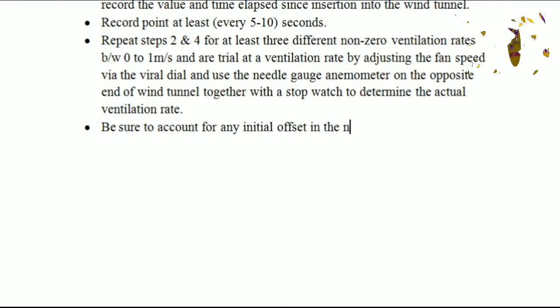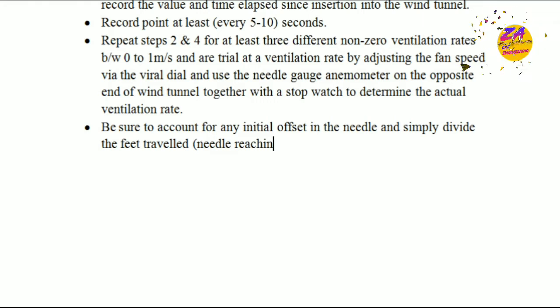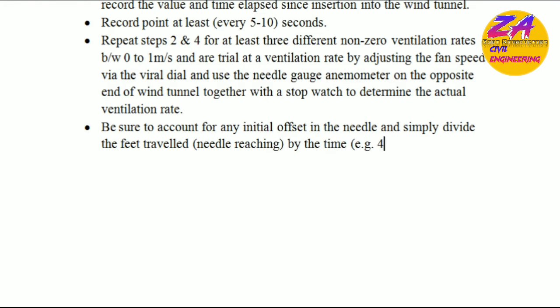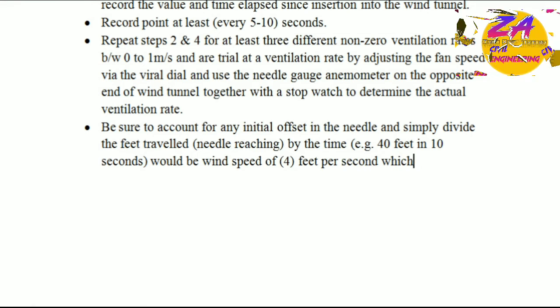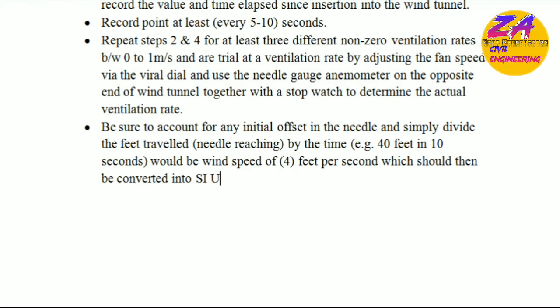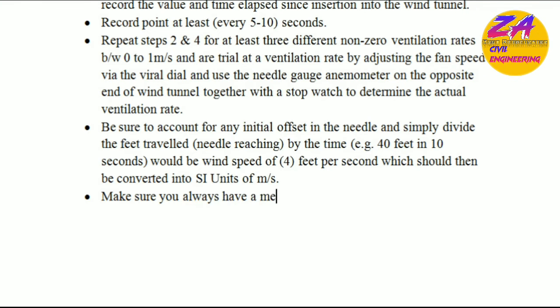Be sure to account for any initial offset in the needle and simply divide the feet traveled by the needle by the time. 40 feet in 10 seconds would be a wind speed of 4 feet per second, which should then be converted into SI units of meters per second.